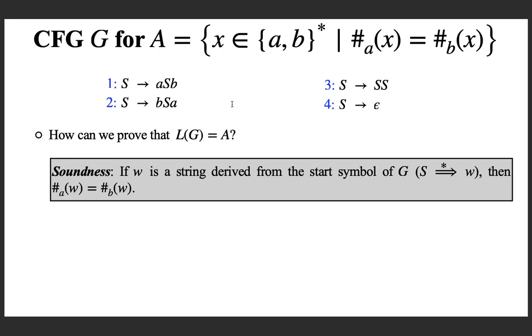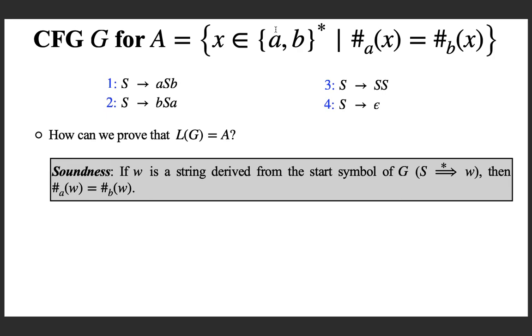Soundness means if w is a string derived from the start symbol of the grammar, that means w can be derived from the start symbol using 0 or more steps, then we have to prove that the number of A's in the string derived must be equal to the number of B's. So, that is soundness. Whatever is generated is in the required language.